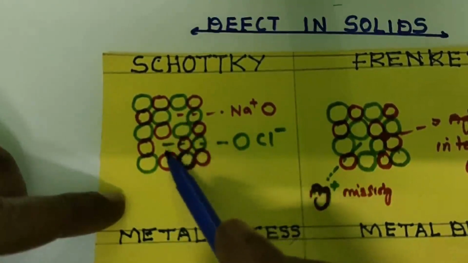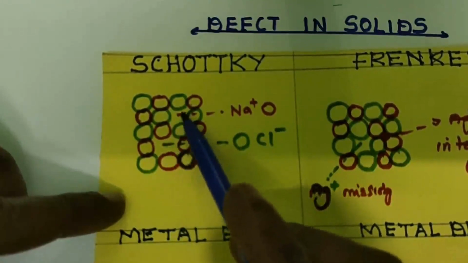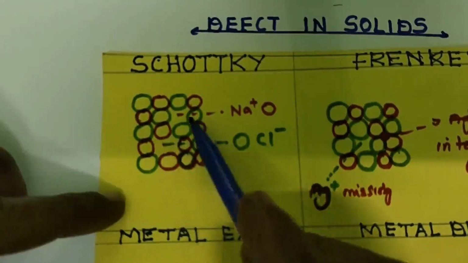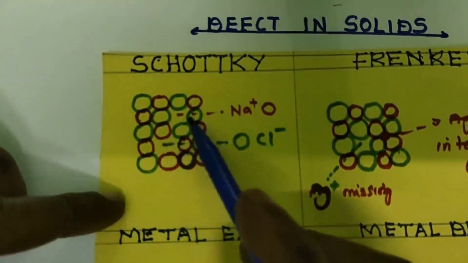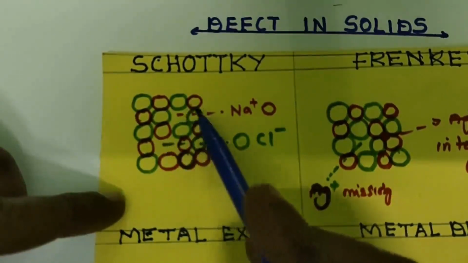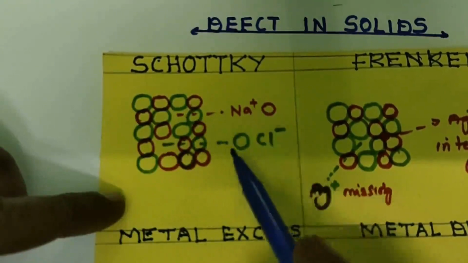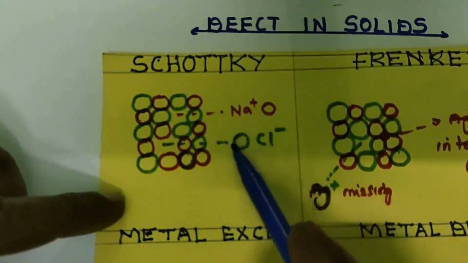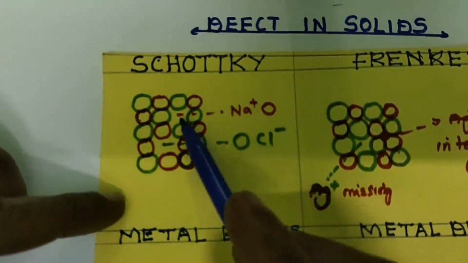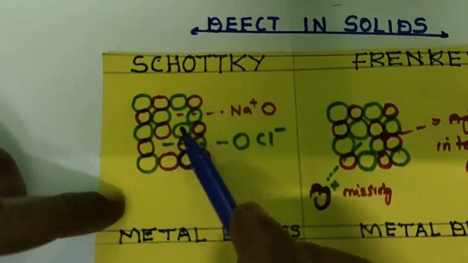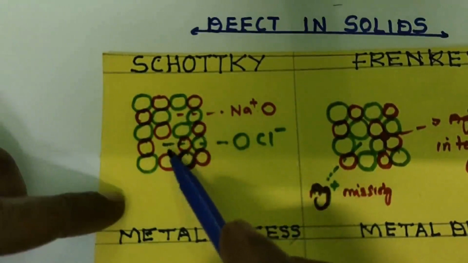The number of missing positive and negative ions are equal, hence it is electrically neutral. Then what about the size? The size of the cation and anion are almost similar. This type of defect commonly takes place in ionic solids.